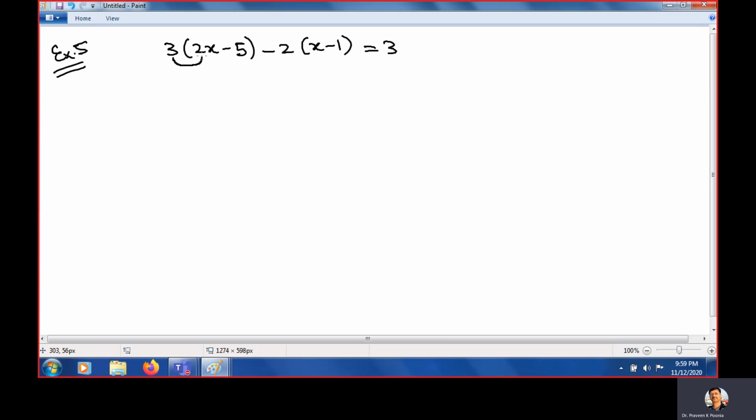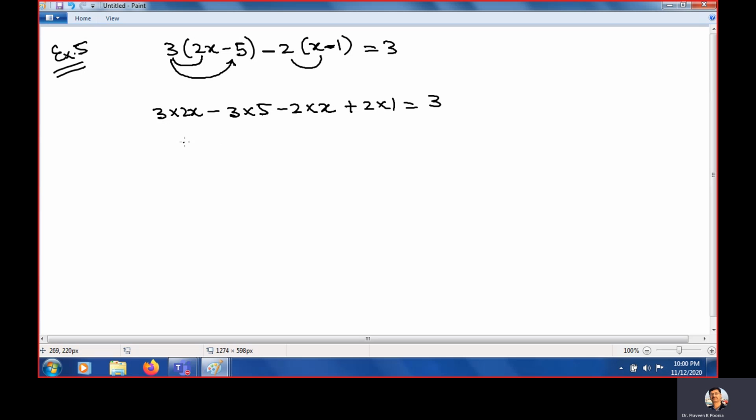If you multiply here, then you will multiply here. So it is 3 times 2x minus 3 times 5. Now you multiply here, minus 2 times x, and look, minus and minus is plus. Clear? 2 times 1 equals 3.